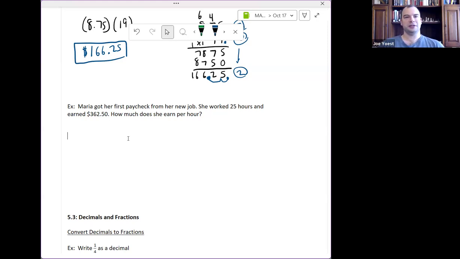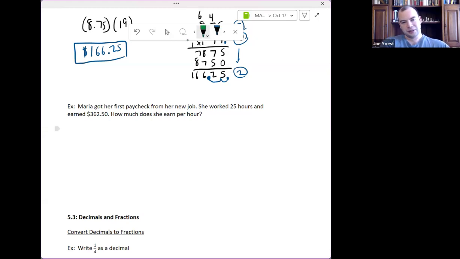So what was my hourly wage, right? Especially if Maria was, say, a server in a restaurant and was looking at maybe switching to a different job where she would just get paid hourly, how would that come out? Should she switch to a different job or not? That might be the context for something like this.